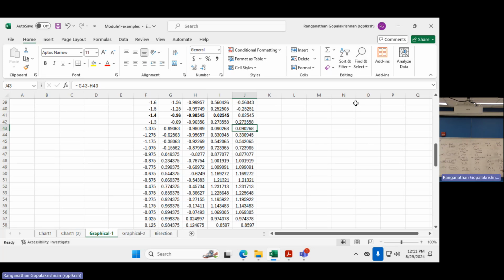So what is the percentage difference between these two? How many percent are they off from each other? How do you compute that? 1.5. How much is this as a ratio?